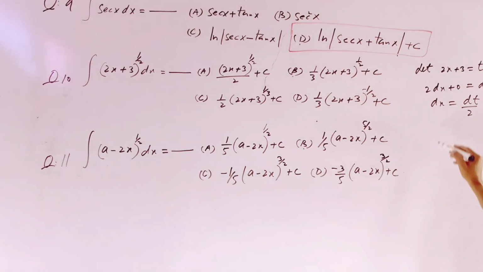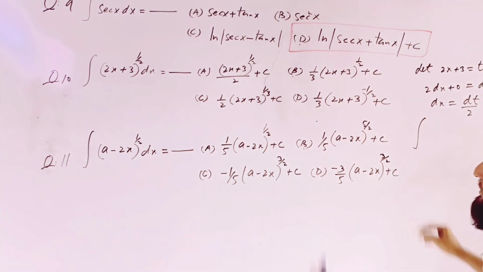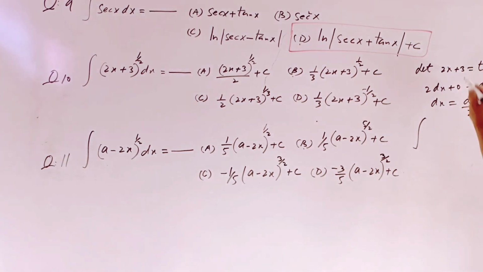If we substitute this result, in the place of 2x plus 3 we put t with power 1 by 2, and for dx we put dt divided by 2. So we write 1 by 2 integral of t to the power 1 by 2 dt.